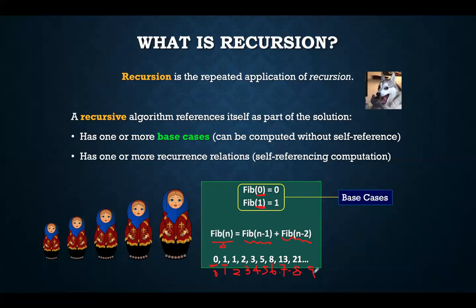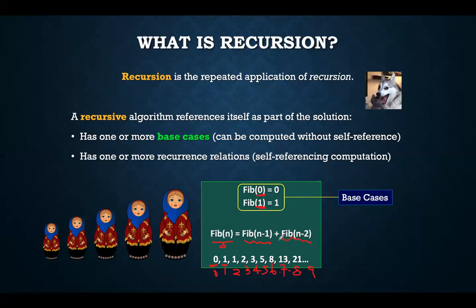So fib 9 is equal to fib 8 plus fib 7. We can establish the recurrence relation based on the pattern that we find in this sequence of numbers. We can see that fib n is equal to fib n-1 plus fib n-2.